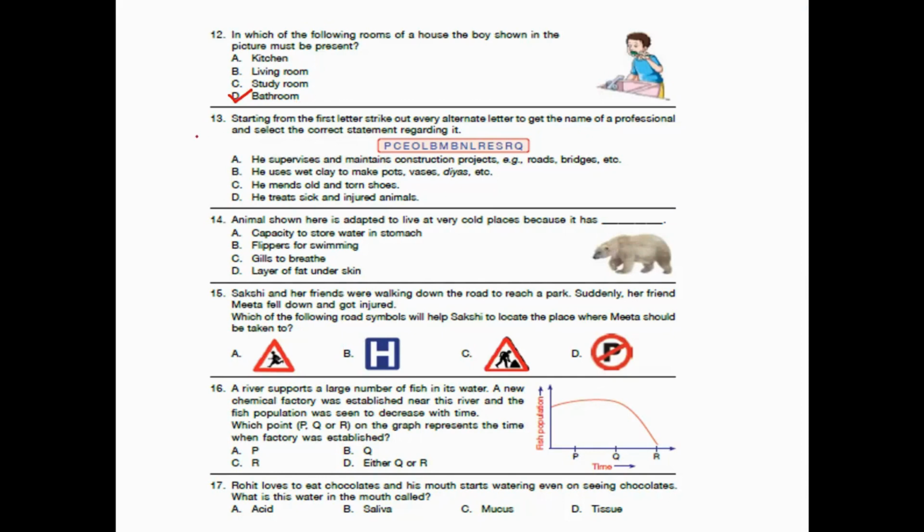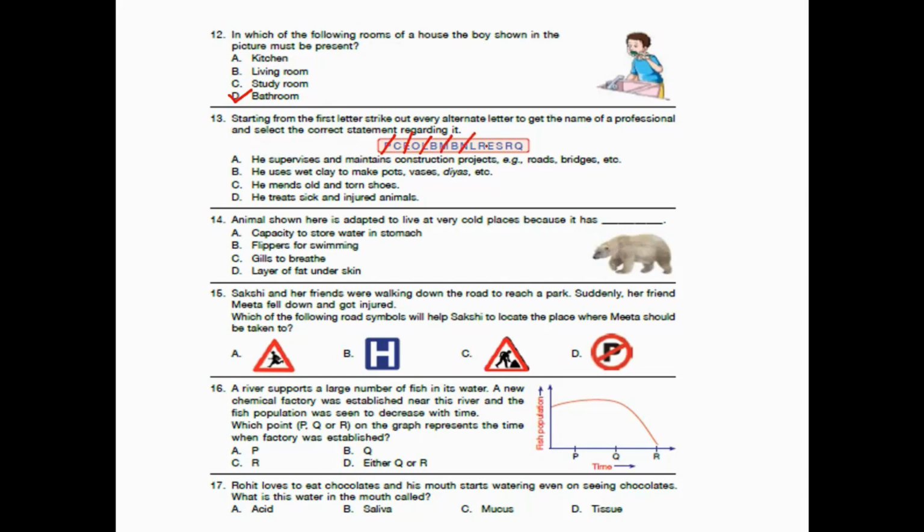Question number 13 says, starting from the first letter, strike out every alternate letter to get the name of a professional and select the correct statement regarding it. So if we strike out the letters, we strike out P, E, L, M, alternate letters.